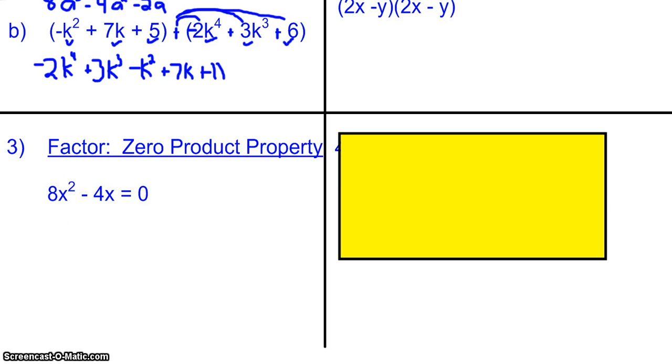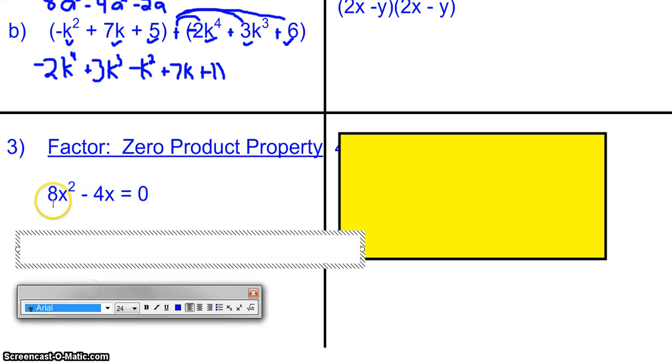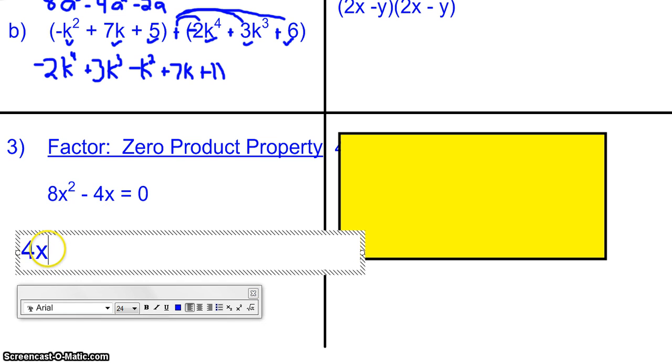So the first step was to pull out any greatest common factor. So what factor can go into both of these terms? And I hope you're saying 4 and there's an x, right? So we could write 4x and then create a binomial that when we multiply 4x to, we would get back to this original expression here.